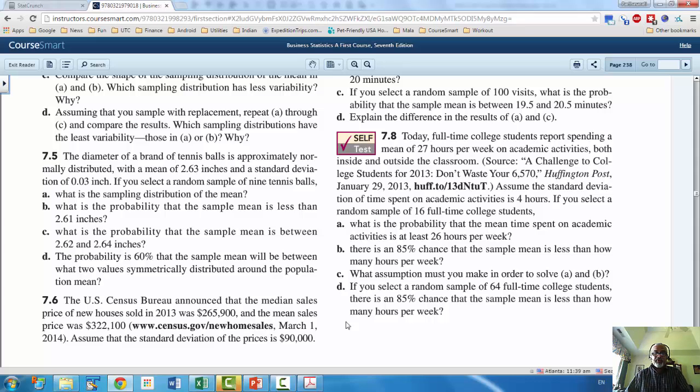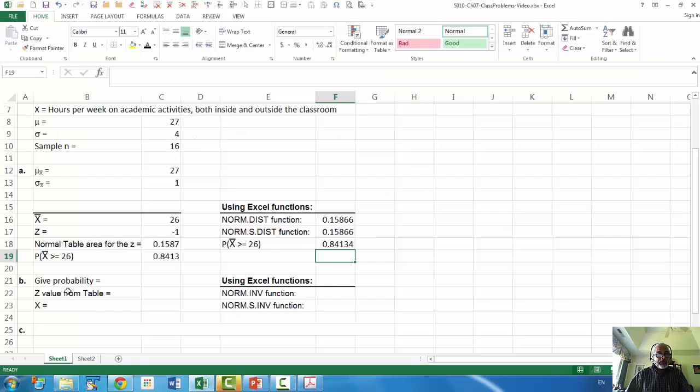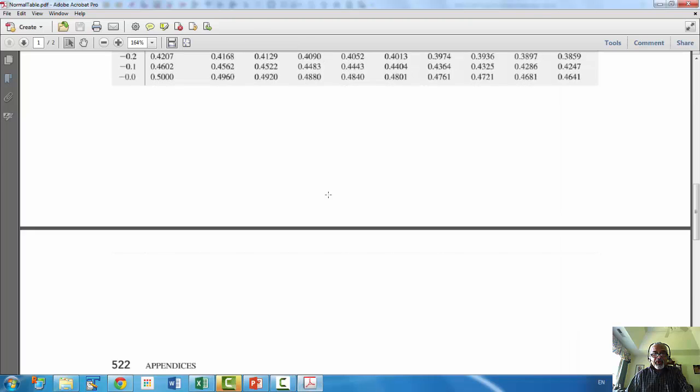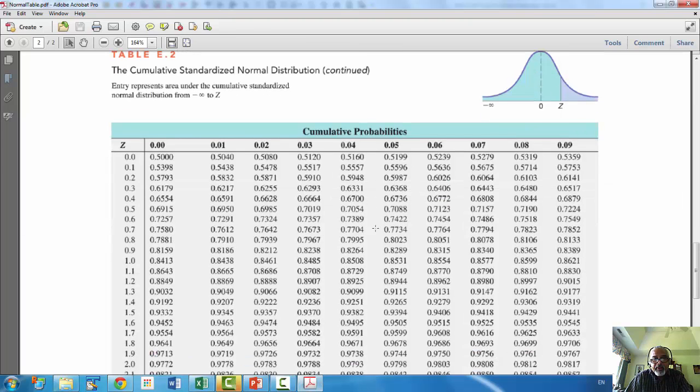So that means this 85% is the cumulative probability. So z value from the table, look for 85% inside the table and read the z value from the edges.